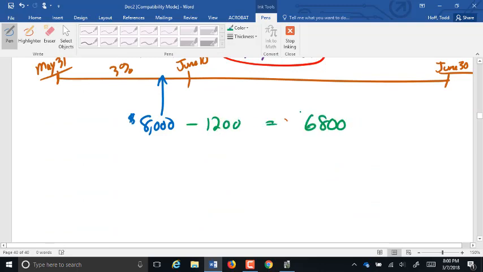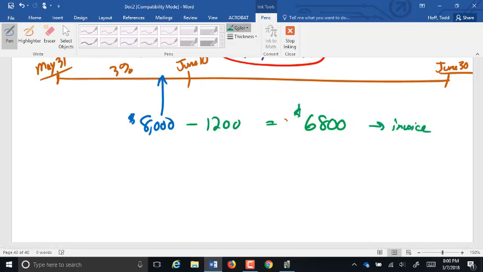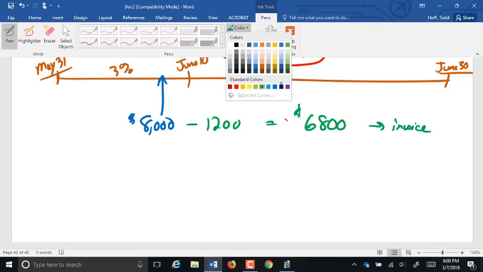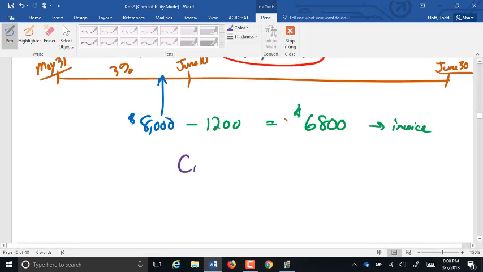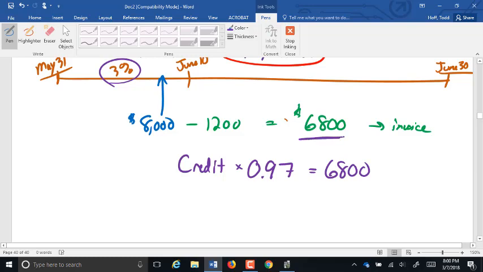So 6,800 is what gets applied to the invoice. So now, to find the credit amount, it's going to be times what number? 0.97, because it's a 3% discount. 100 minus 3 is 97. And that equals that amount of 6,800 that we paid.